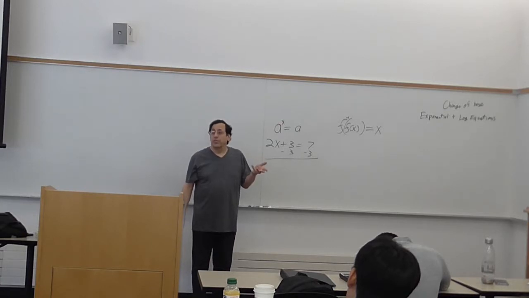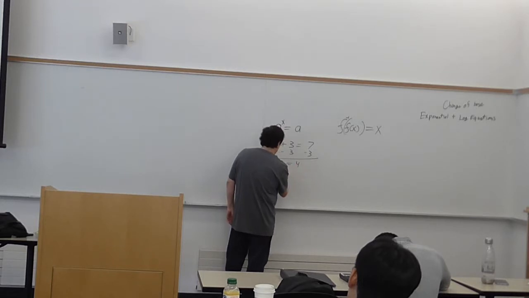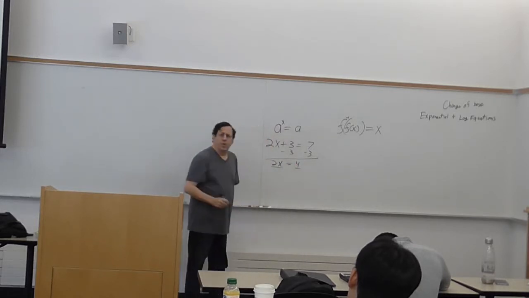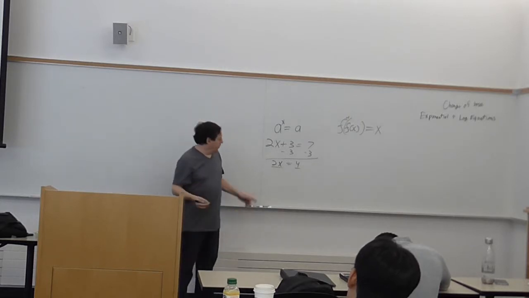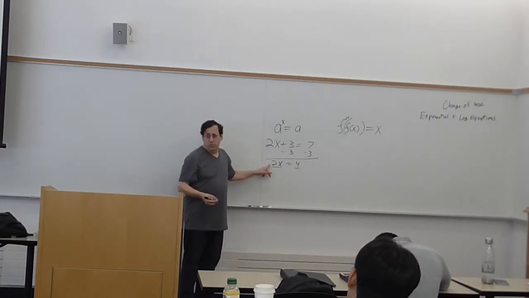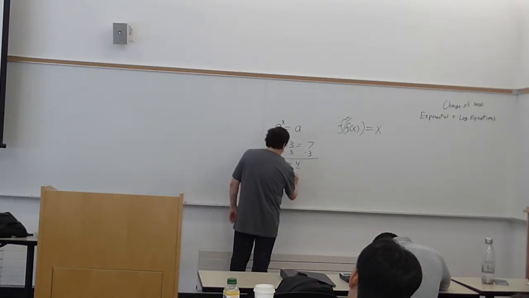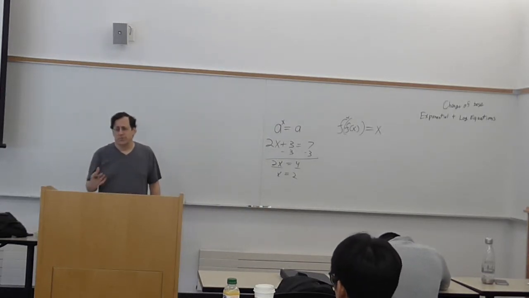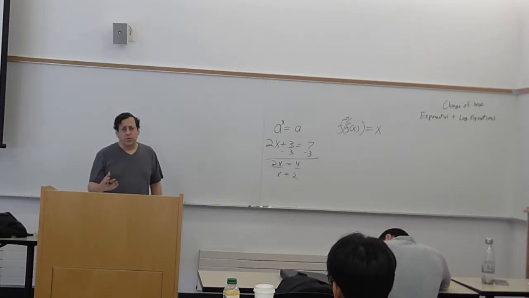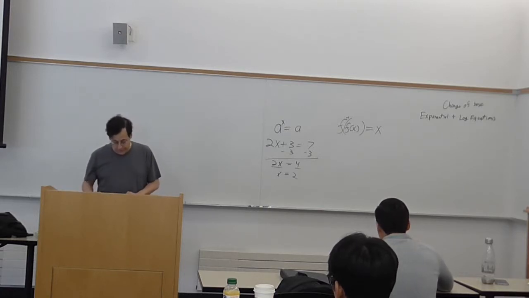So I get 2x equals 4, and now I divide by 2. Why do I do that? Dividing by 2 is the inverse of multiplying by 2. So that's how we unravel this, and we get x equals 2. We're going to be doing the same thing with logs and exponential functions, using the fact that one is the inverse of the other to solve an equation.